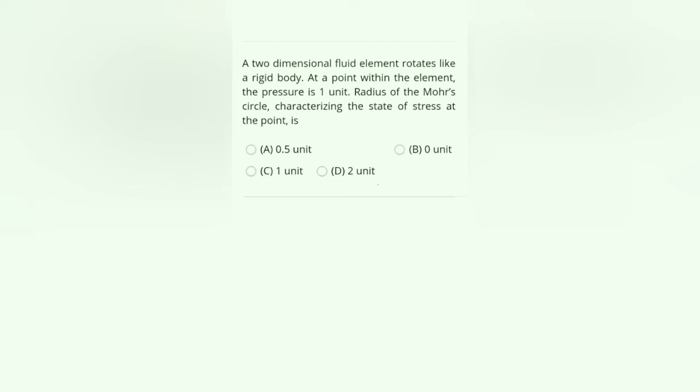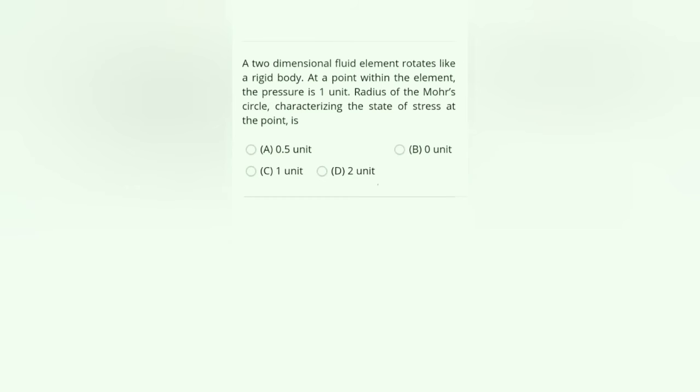This is another GATE question. A two-dimensional fluid element rotates like a rigid body. At a point within the element, the pressure is 1 unit. The radius of the Mohr circle characterizing the state of stress at the point is? So we have to find the radius of the Mohr circle. From Pascal's law, the pressure would be equal in all directions.